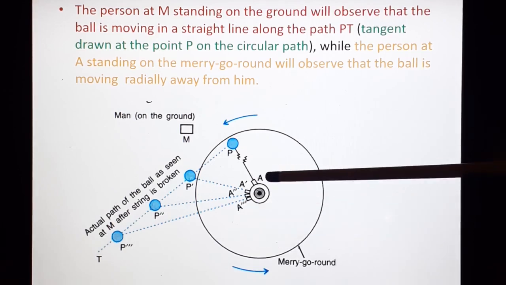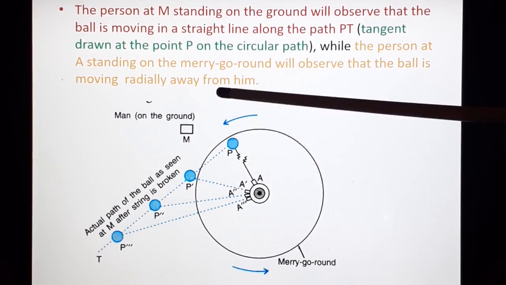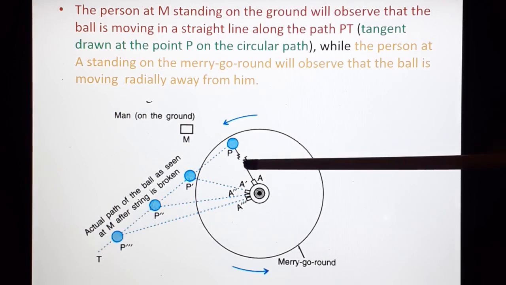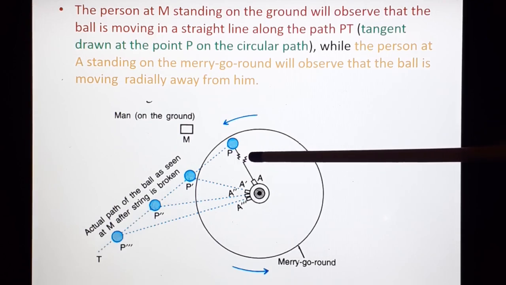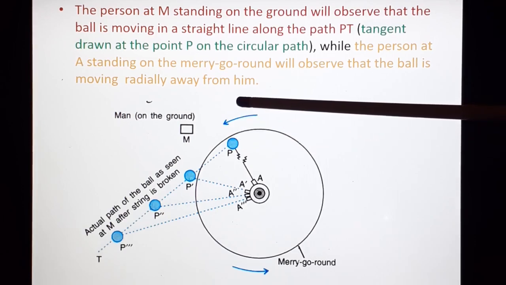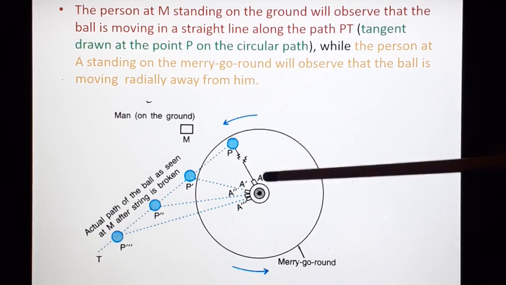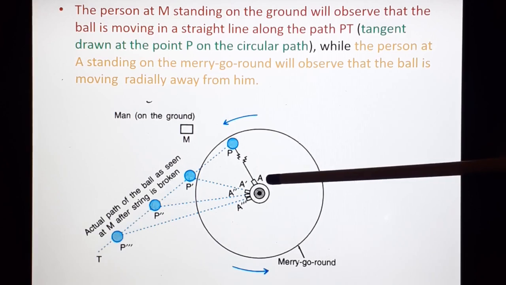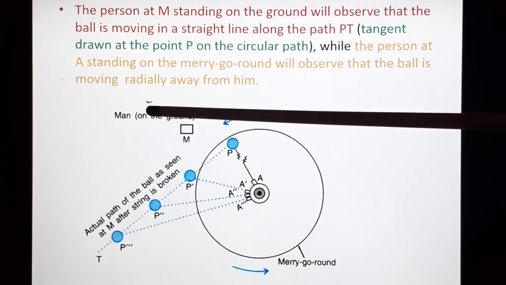So for this person A, initially in the first case two forces were acting, centripetal and centrifugal. But as he cut the string, centripetal force stopped acting. So centrifugal force is taking the bob away from the center of the circular path. That will be person A's observation. What was your observation in the first case?